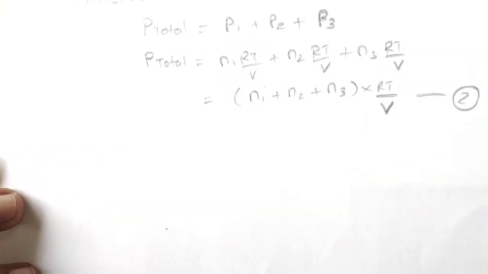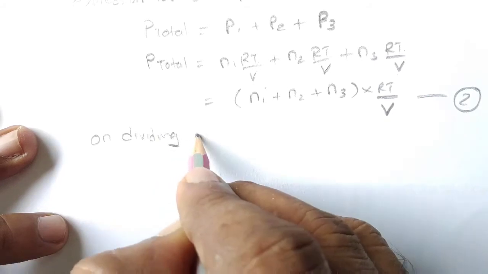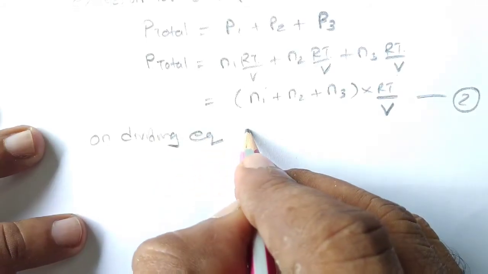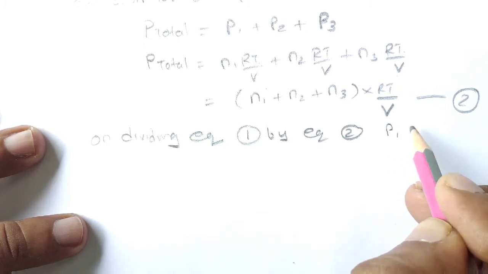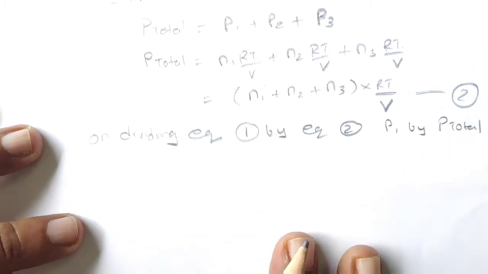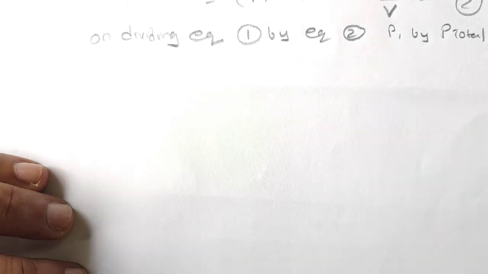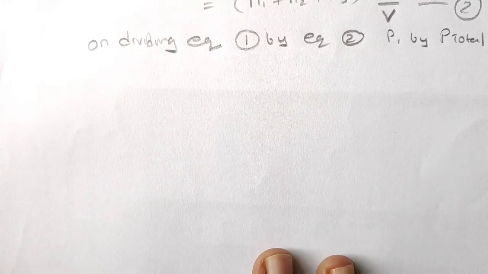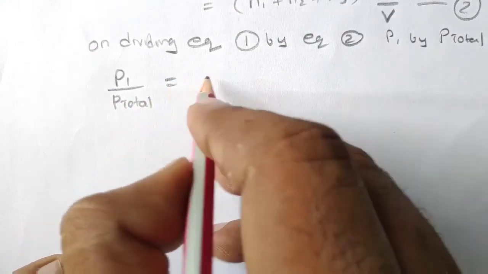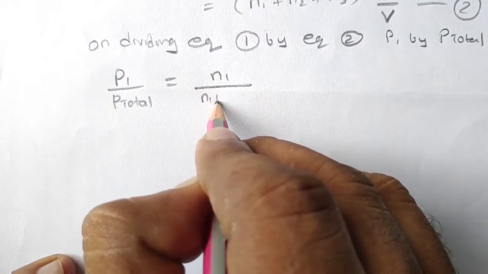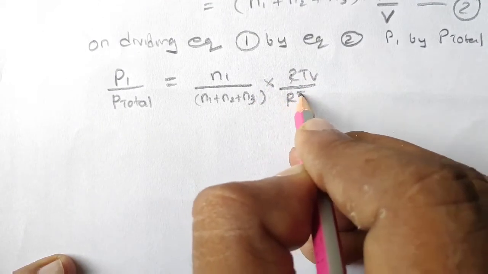So now, on dividing equation 1 by equation 2, that is dividing P1 by P total, what we will get is the relation P1 upon P total is equal to N1 upon N1 plus N2 plus N3, into RT/V upon RT/V, right?